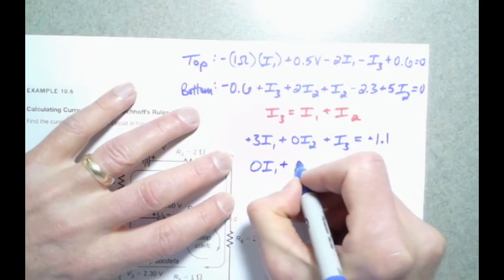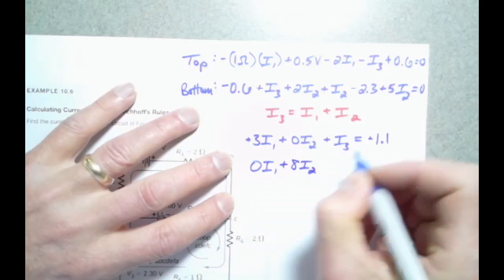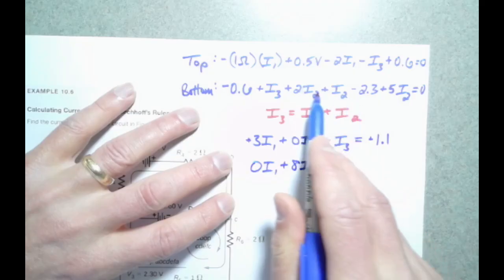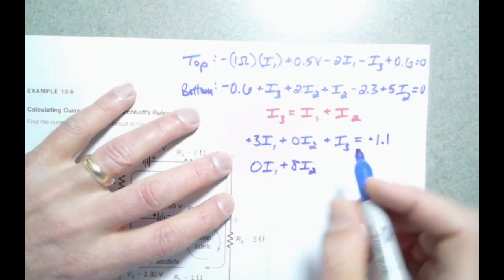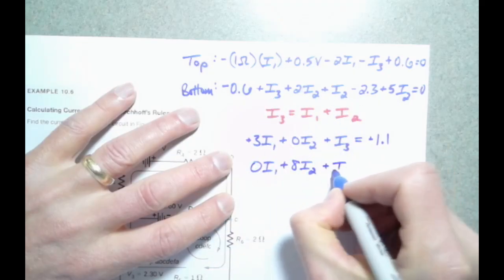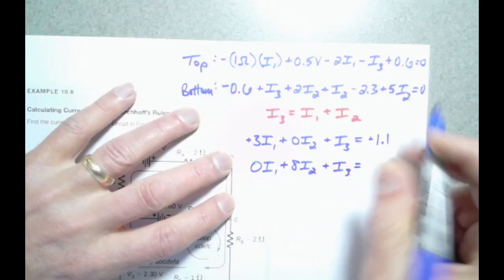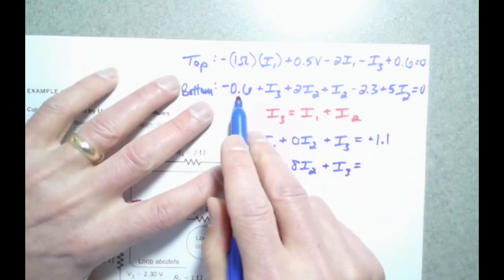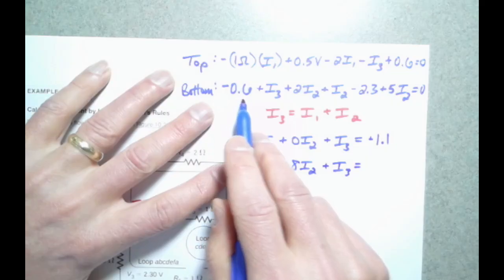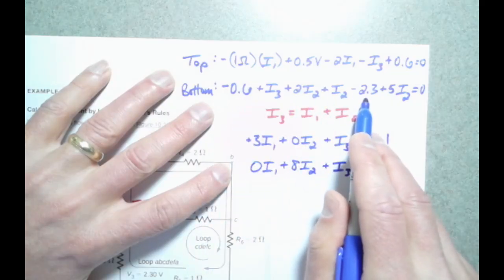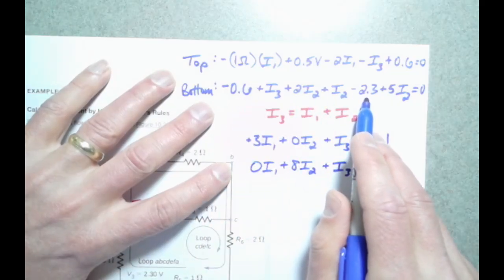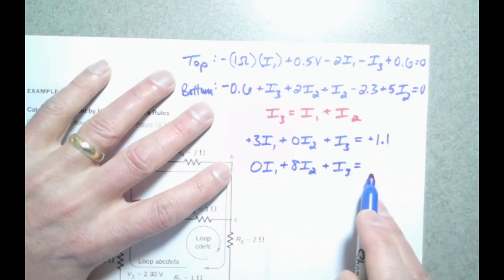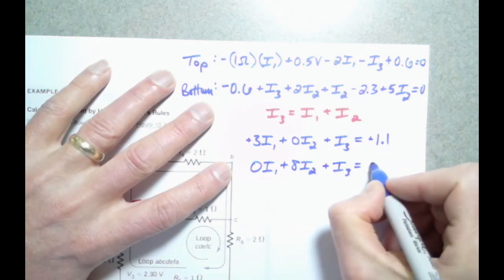Plus 8 I2. All right. And then how many I3s do I have? 1 I3. Okay, and then what's left over? I need to move the 0.6, the negative 0.6, and the 2.3 to the other side. So what am I going to get on the other side of the equation? 2.9.